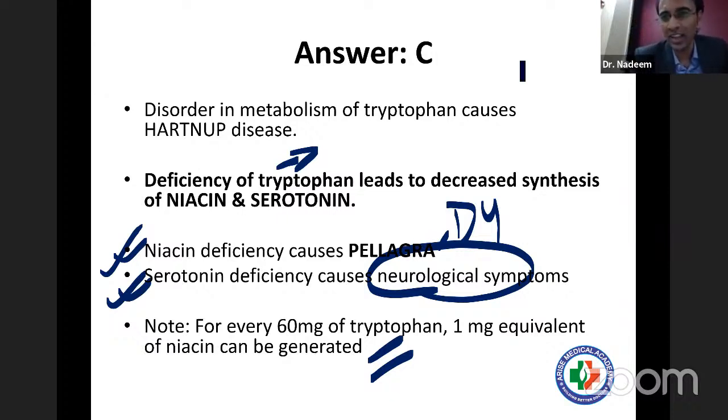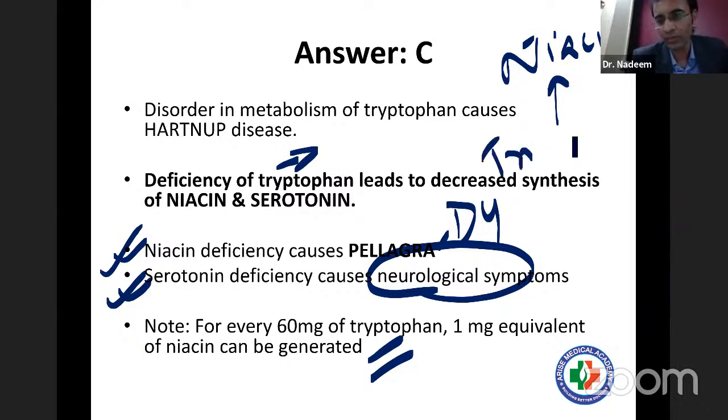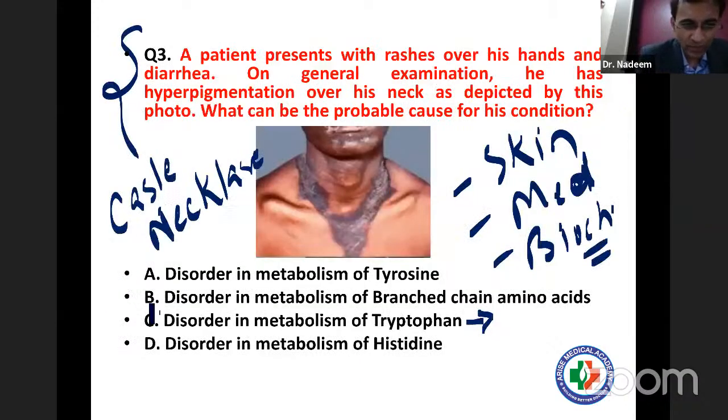So basically, niacin is generated from where? From tryptophan. So here in this question, the answer is C.